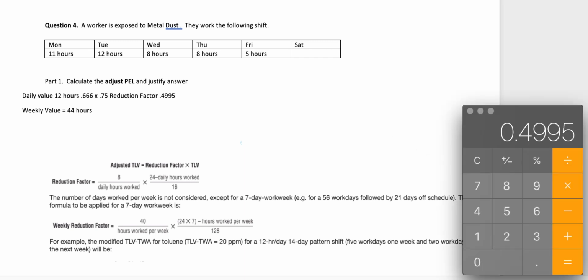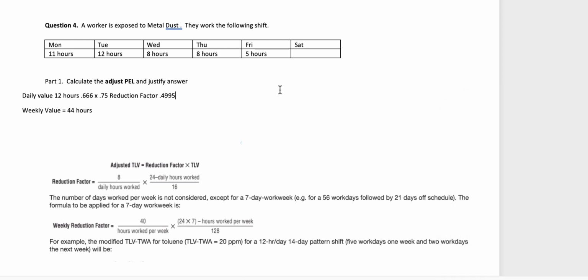And if I take that value and multiply it by the permissible exposure limit for metal dust, which I would have found in the previous problem, it means that I'm reducing the occupational exposure limit to 4.995 milligrams per cubic meter.